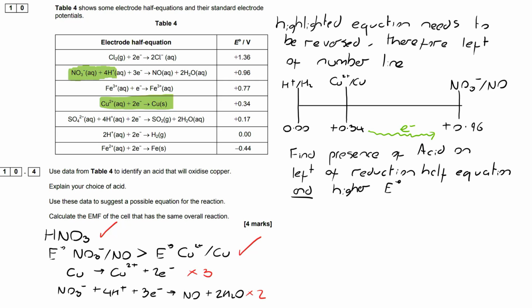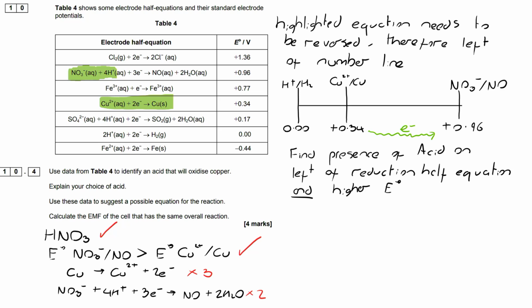So from there, you can see we're identifying the acid. We've got HNO3. We're explaining why, and it's because the E cell value for the NO3- NO couple has a greater value than the E cell value of copper-2 and copper.